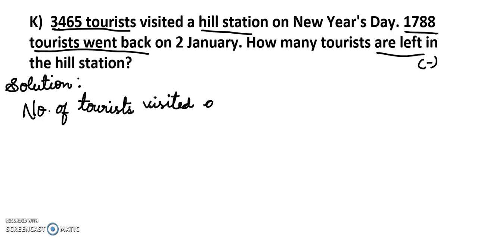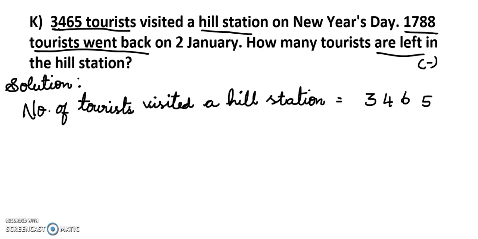How many tourists visited a hill station? 3,465. So write the place values: ones, tens, hundreds, thousands.